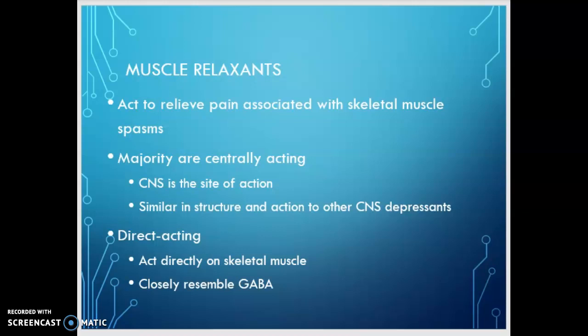Other medications may work as an alpha-2 adrenoreceptor agonist or a GABA-A receptor agonist, but what they do is they clearly inhibit the excitability of this neuron, decreasing then the muscle spasm or the stimulation of the muscle.